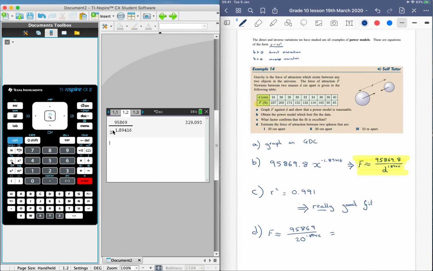Does that kind of make sense? Well, it kind of does, yeah. So we're getting a value here that's smaller than this, and we're getting a value here that's bigger than any of these, and that kind of seems to be the trend. So I can have a little bit of confidence in my answer. So that equals 329.